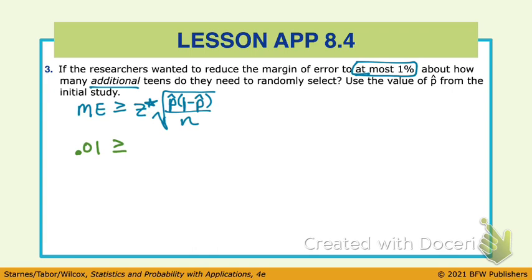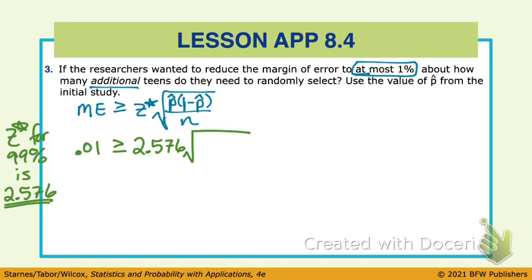You'll always be provided these, and so the z-star for 99% is 2.576. So that's what we're going to use here for the z-star critical value, 2.576.